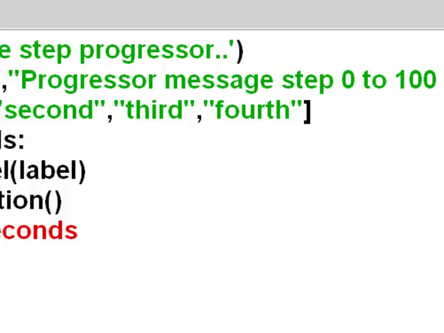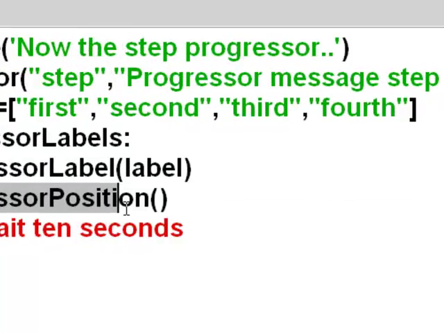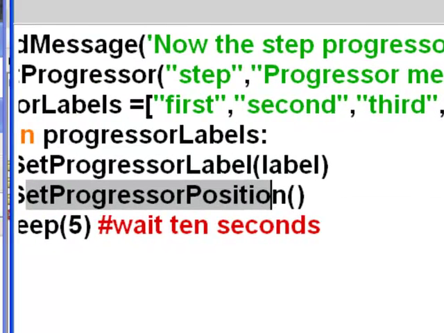So what this is going to do is start at 0 and then step through in increments of 25. So as we're running through, every time we say SetProgressorPosition, it'll step through. So the first position will be 0, the next will be 25, the next will be 50, the next will be 75, and then the last progressor position will be 100.